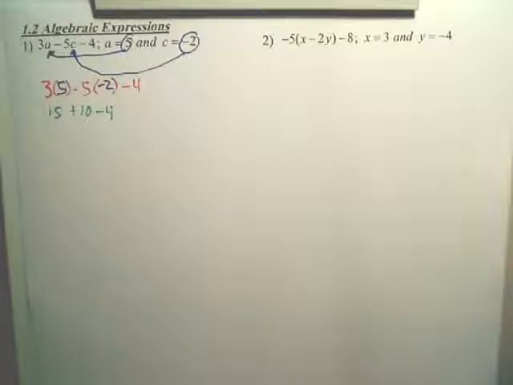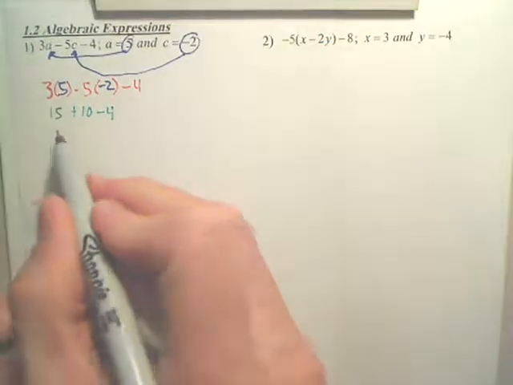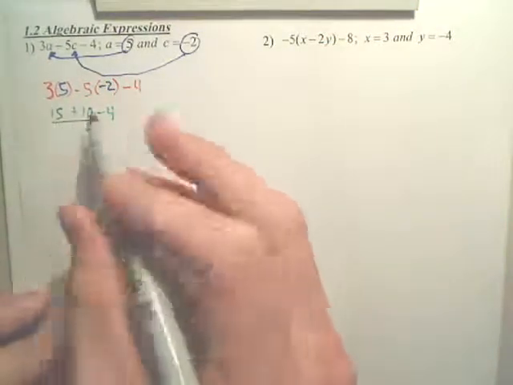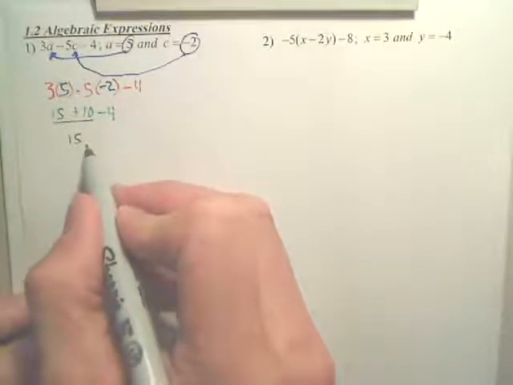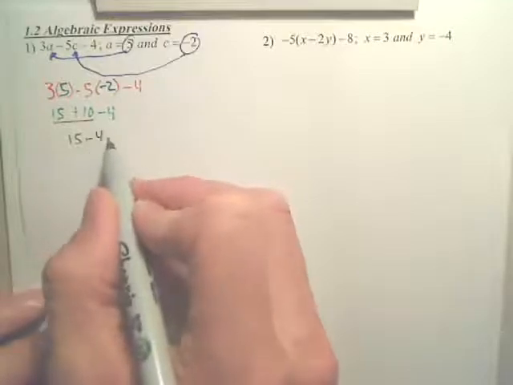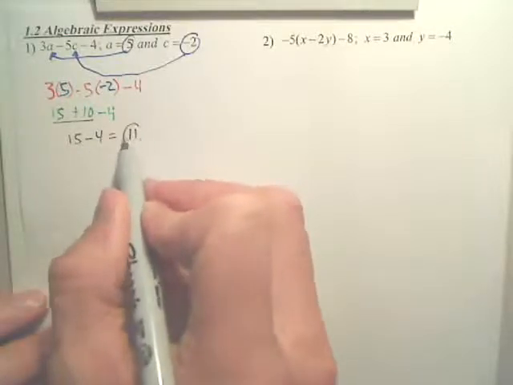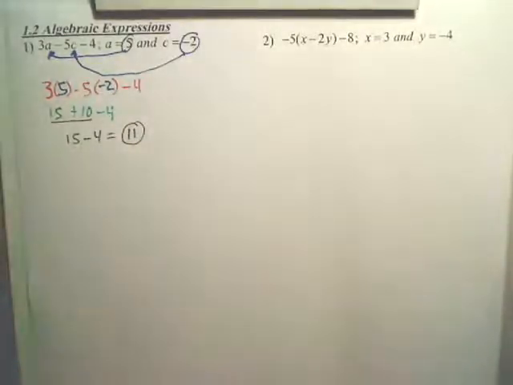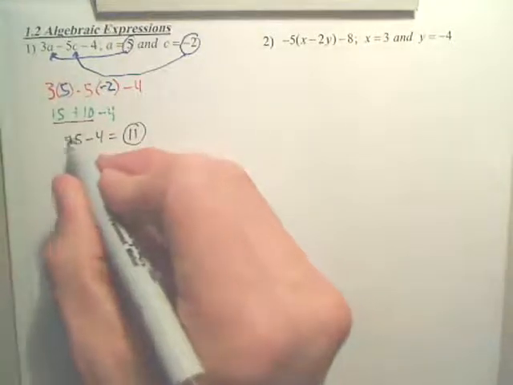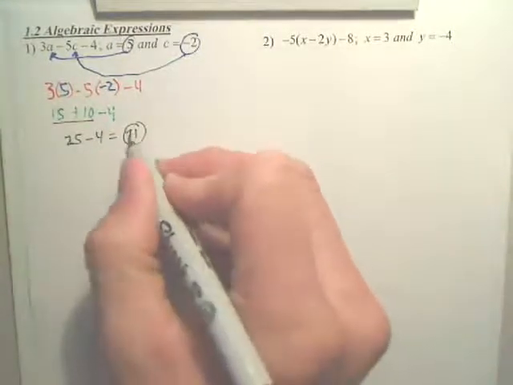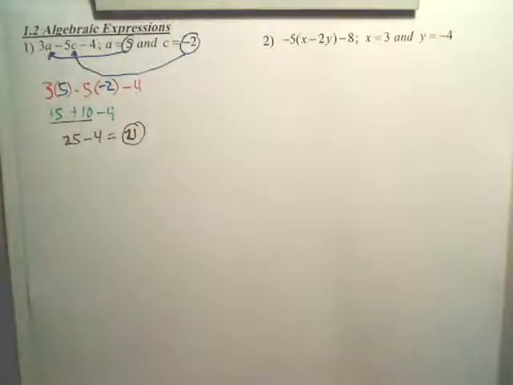We now add and subtract, left to right. That gives you 25. 25 minus 4 is 21. So, mistakes happen.